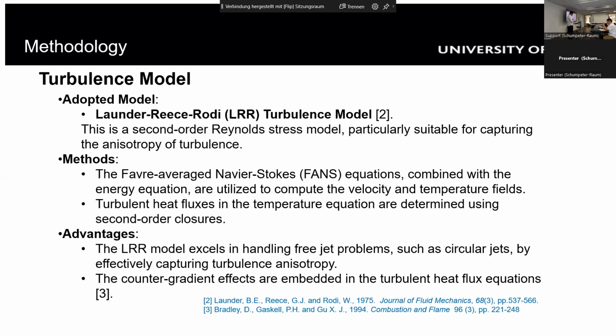As for the turbulence model, we choose the LR model. It's a second order Reynolds stress model, particularly suited for computing the anisotropy of turbulence in free jet flows like circle jets. The Favre-averaged Navier-Stokes equations coupled with the energy equation were used to compute the velocity and temperature fields.